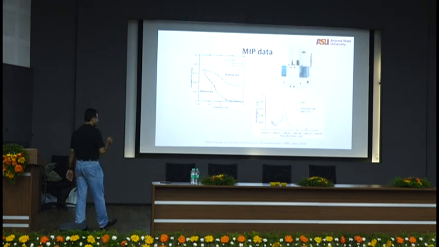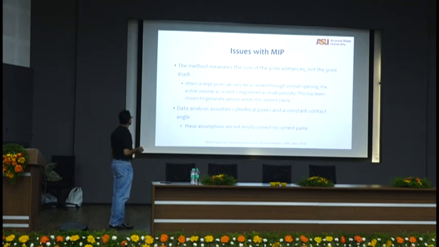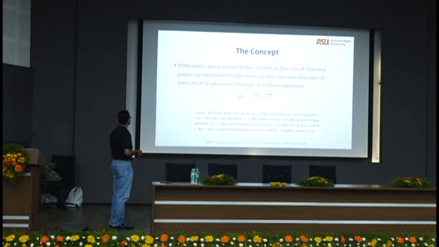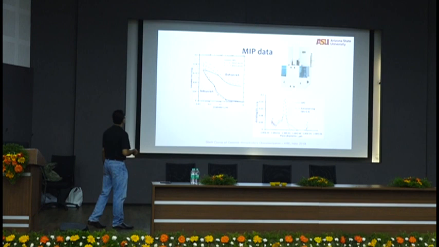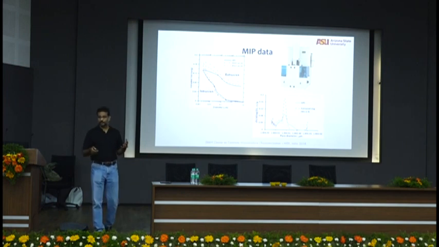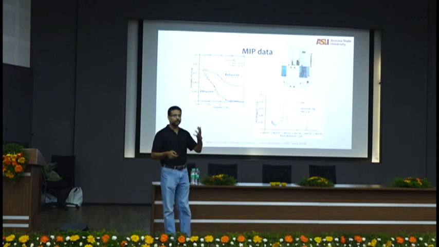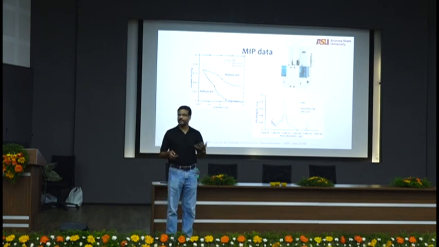Okay, now if I plot pressure, I don't think I have a pressure picture. Let me see if I have a pressure picture. No. Okay. That's fine. So if I plot the diameter of the pore, now there's an equation called the Washburn equation. The Washburn equation relates pressure to the size of the pores. Very simple equation which just says the pressure is inversely proportional to the size of the pore.